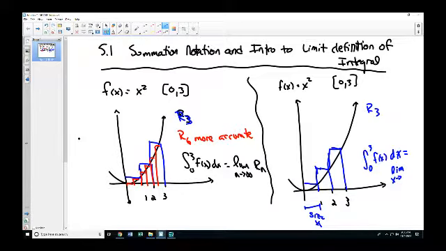So those are the two competing definitions. So the limit as the size goes to 0 of, no, it's still going to be n, because n is still the number of subintervals. Oh, we assigned Δx as it.